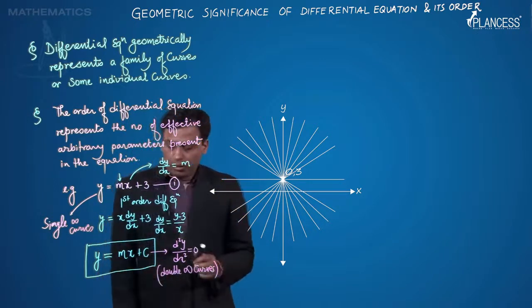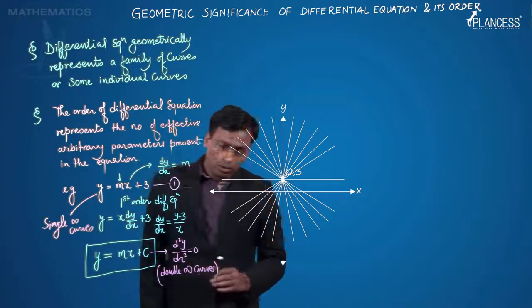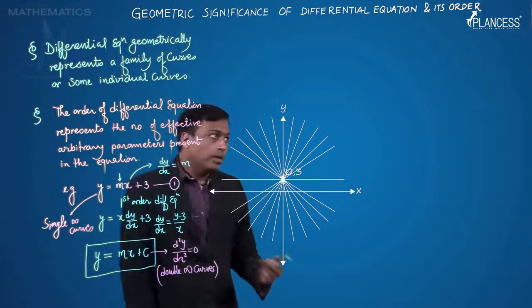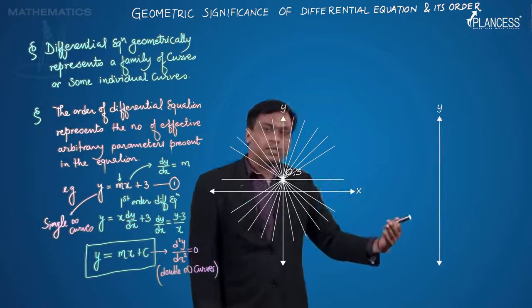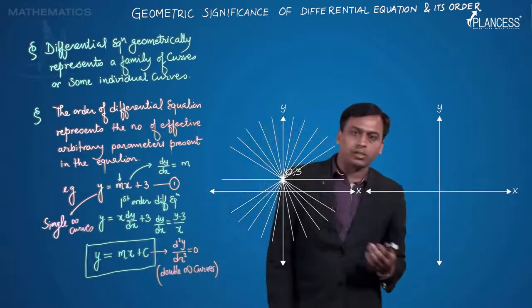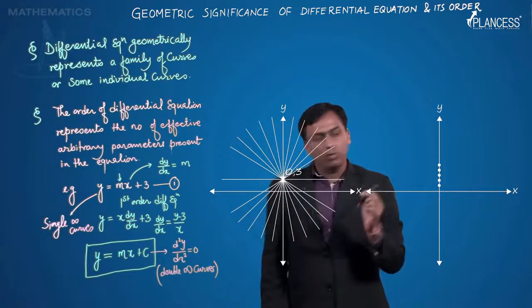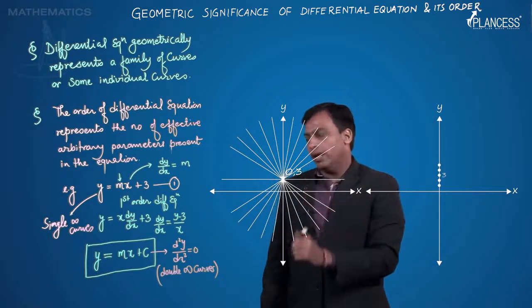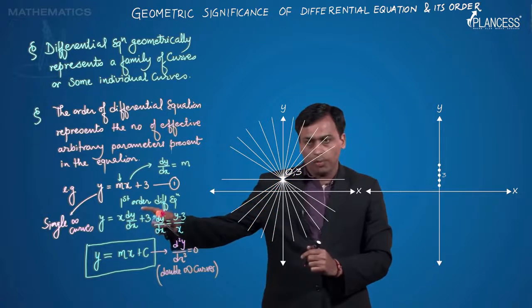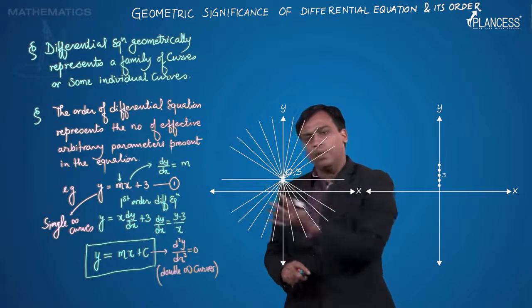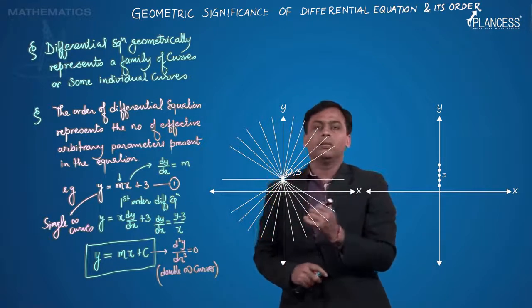So looking at this equation 2, we can see that here is the y-axis and let's say it is the x-axis. In the previous case, the value of c was 3 and we gave all possible values for the slope m and therefore represented infinitely many lines, which you can see on the screen.